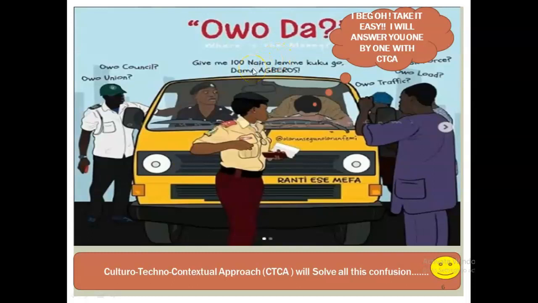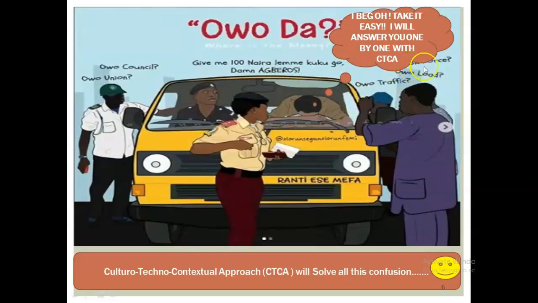Oh, what again, another drama on our Lagos road. Owoda, where is the money? Owo council, this councilman is asking for his own money from the driver. Owo union, this policeman says, give me 100 naira, let me kuku go down. Agberus. What are they asking?